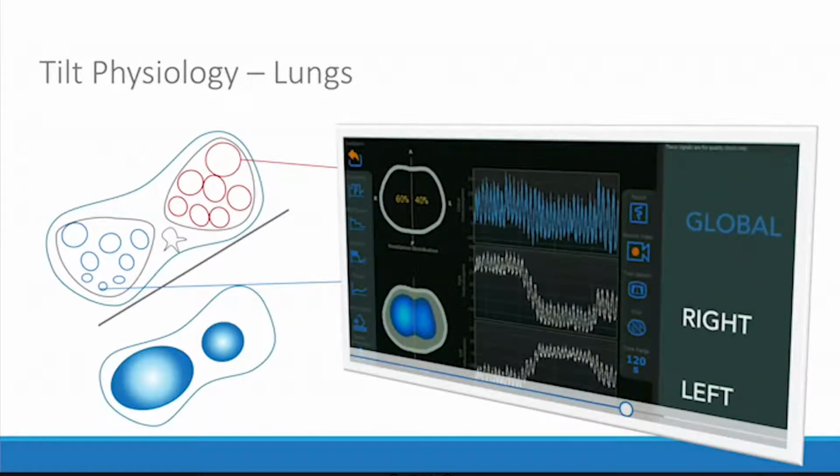So what you see here in the graph, again, is global compliance, right lung, left lung. So the right lung at one time started losing volume, probably when it got to the bottom.